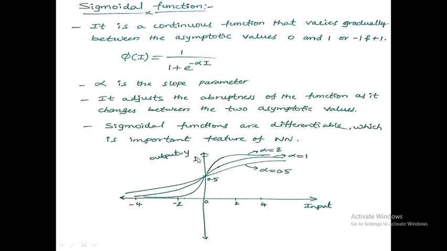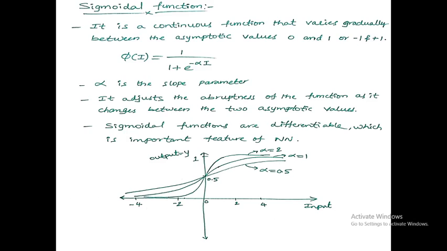So here the sigmoidal function adjusts the abruptness of the function as it changes between the two asymptotic values, that may be 0 to 1 or -1 to +1.